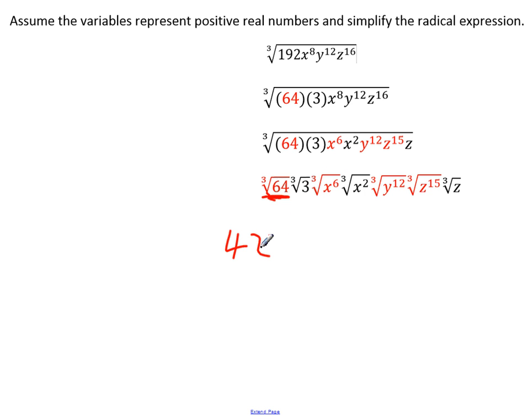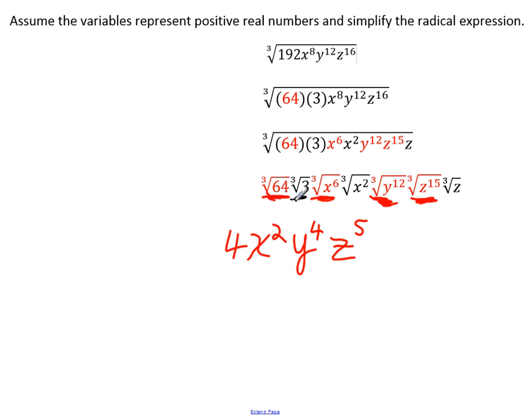So that's x squared. I know the cube root of y to the 12th because 12 divided by 3 is 4. So that's y to the 4th. And I also know the cube root of z to the 15th because 15 divided by 3 is 5. So that's z to the 5th.